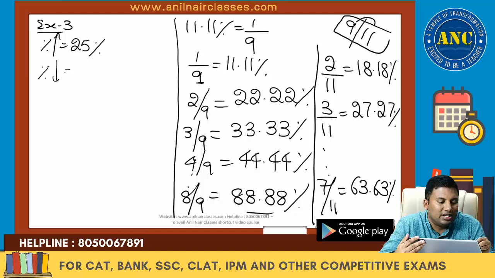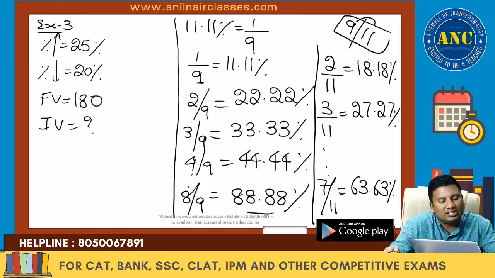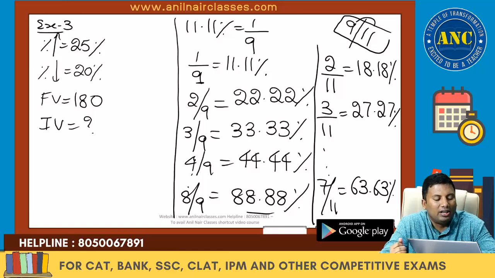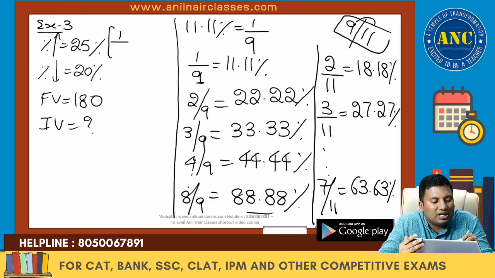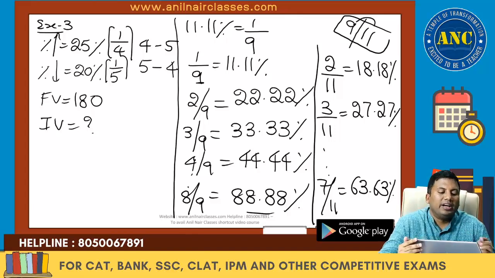Another question. Percentage increase is 25 percent. Percentage decrease is 20 percent. Final value is 180. Find the initial value. 25 percent is 1 by 4. 4, 1 increase, it is 5. 20 percent is 1 by 5. 5, 1 decrease, 4.